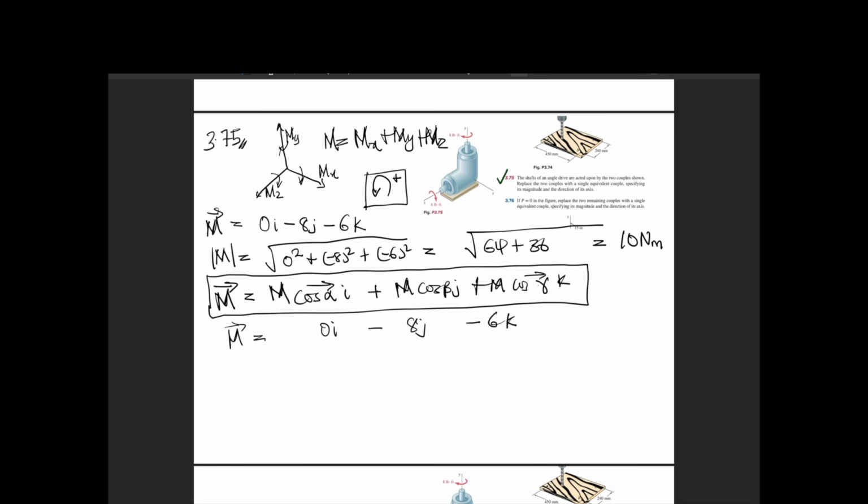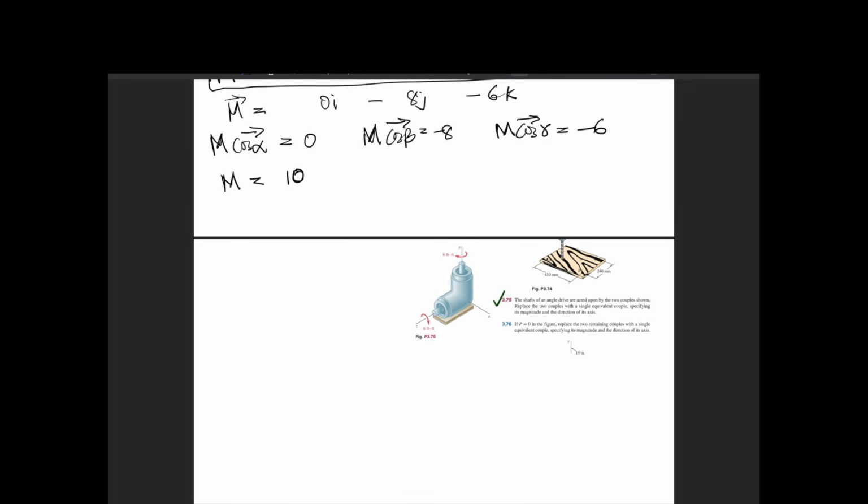The first one will be M cos alpha is equal to 0, the other one M cos beta is equal to minus 8, and M cos gamma is equal to minus 6. Like we calculated before, the magnitude M is 10. We are going to use these values to find our direction.